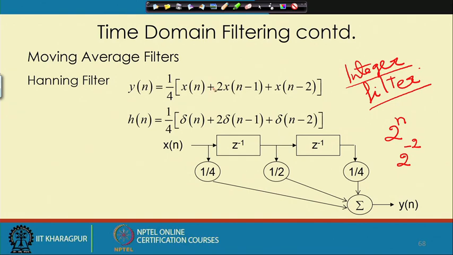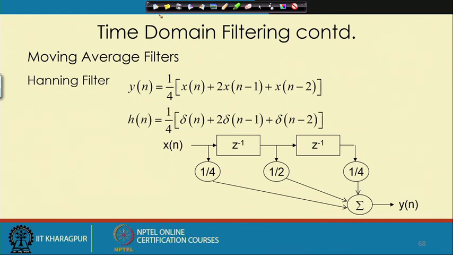The middle one, x n minus 1, multiplication with 2, we can again do with shifting, and shifting is a much easier or faster operation in a microprocessor. In fact, when you fetch the signal, at the same time you can do that job without spending any extra machine cycle.